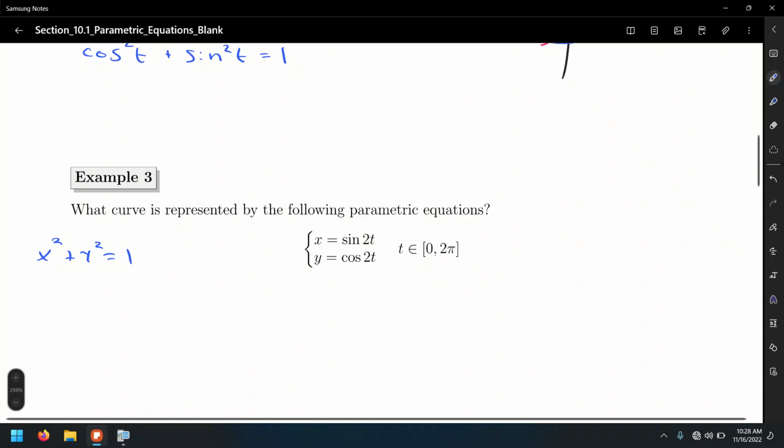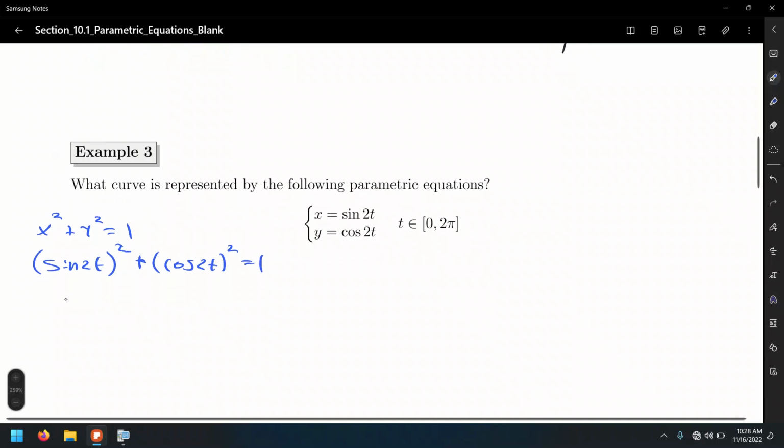So that's sine 2t, quantity squared, plus cosine 2t, quantity squared, equals 1. That's the same as sine squared of 2t plus cosine squared of 2t, and again, this is the Pythagorean identity.